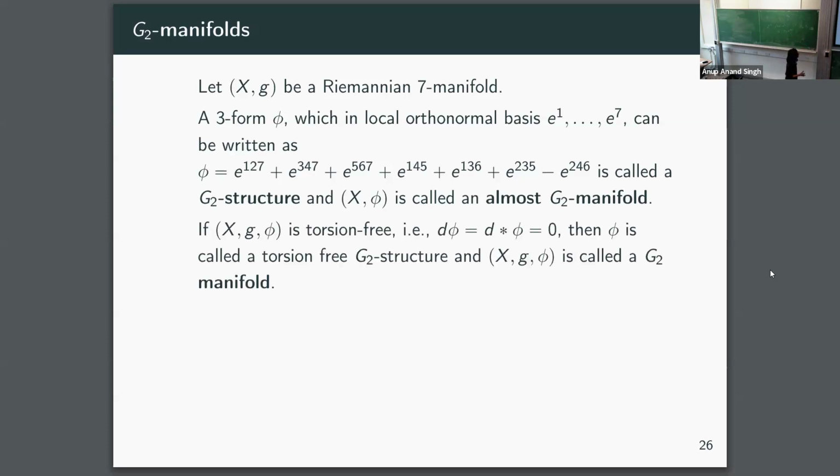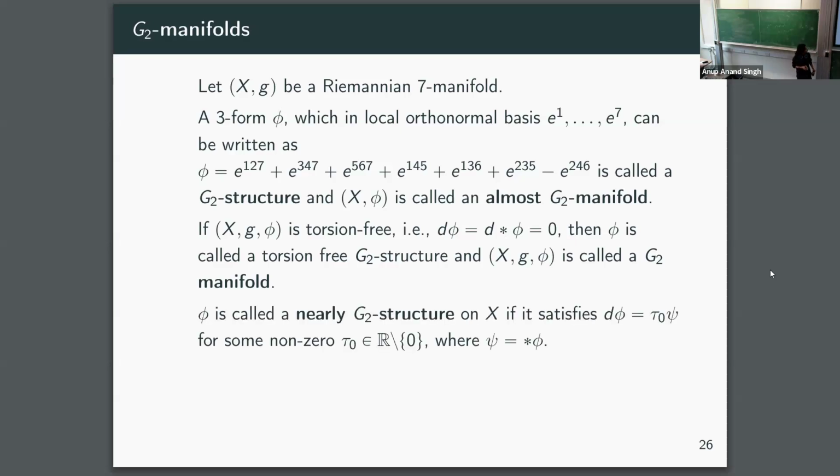Now, if this 3 form phi turns out to have d phi equals d star phi equals 0, then we'll call this a torsion-free G2 structure, and then my manifold is actually a G2 manifold. But sometimes you may not have integrability of your G2 structure. You may very well have d phi equals tau 0 psi for some non-zero tau 0.